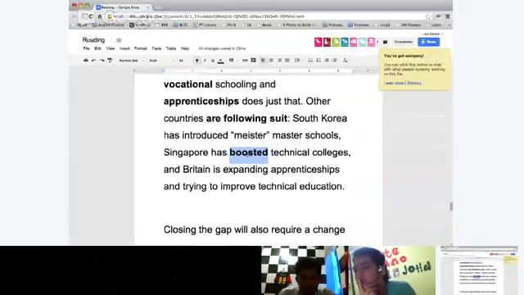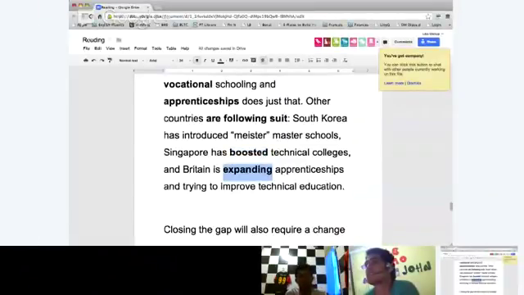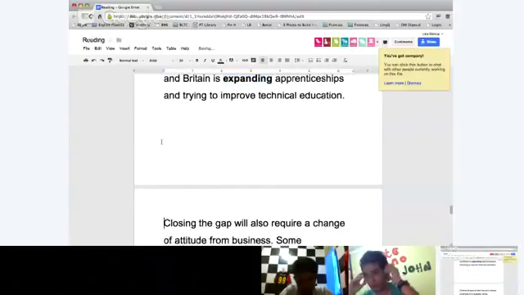So when you boost something, you make it more. So now they have more technical colleges, and the same thing with this word expanding. It means making more. So they're expanding their apprenticeships, so now more people can be apprentices and learn skills that way. So that's what's happening in some countries.